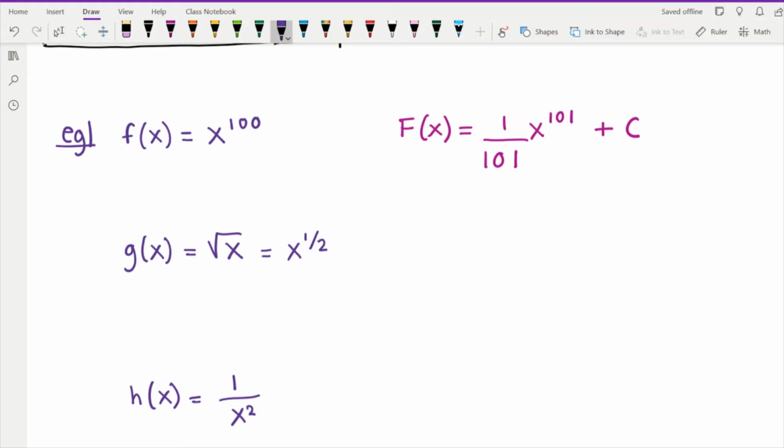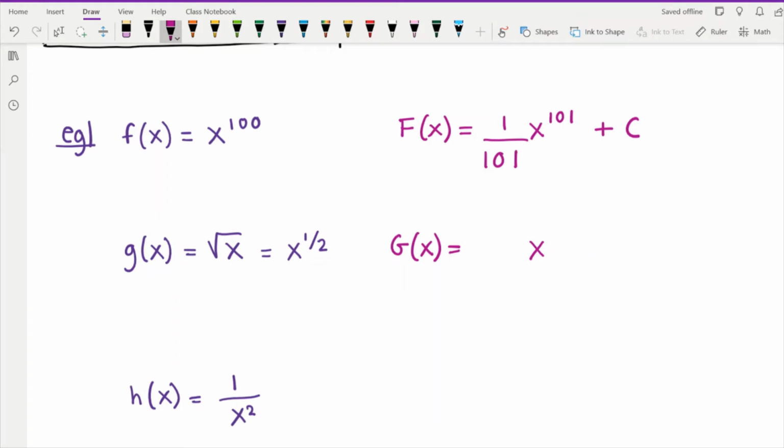All I'm doing is just rewriting square root of x as x to the 1/2. It's just a different way of writing the same function. But now that we have it written like this, we can apply the reverse power rule. So we can say our function is capital G of x equals, so again, especially when the exponents are fractions, I think it's much easier if you start by finding the new exponent and then figure out what the coefficient is.